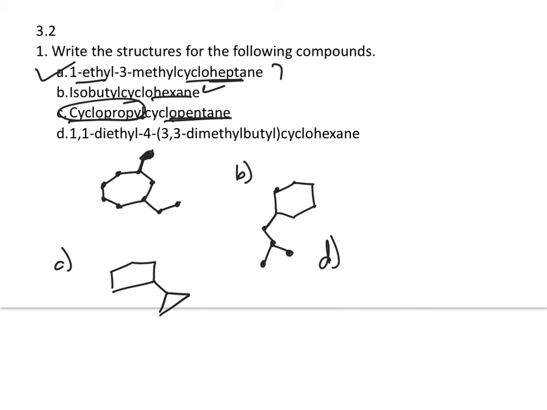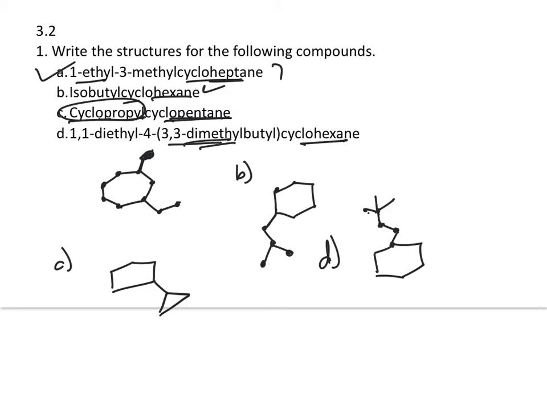And then D, let's go to cyclohexane. There's cyclohexane, and then 3,3-dimethyl butyl. So let's do butyl here. 1, 2, 3, 4, and then 1, 2, 3.